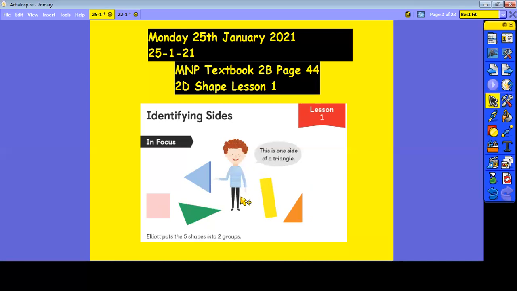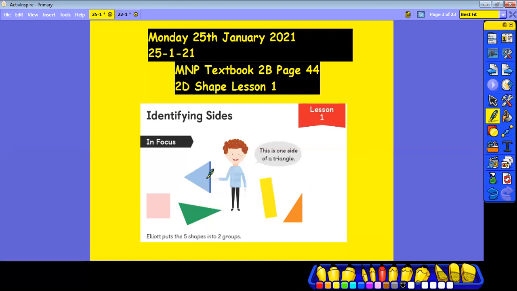And Elliot is pointing out one side of a triangle. Okay, how many sides does a triangle have altogether though, children? So I like to mark them. We've got the side that Elliot's pointing to. Okay, so we've got 1, 2, 3. So a triangle has 3 sides.